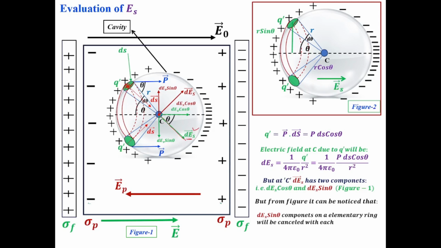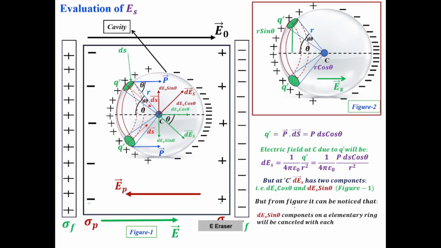If this is the theta angle, obviously this angle will be theta. So dEs has two components: one is dEs sin theta and another is dEs cos theta. Just refer to figure 1.